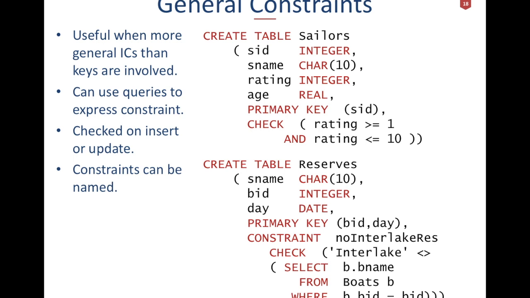We're checking the boat name being reserved by referring to the boats table and getting the boat name and checking if it's different from Interlake. Don't worry about this now because we'll talk about more advanced nested queries later on in the course.